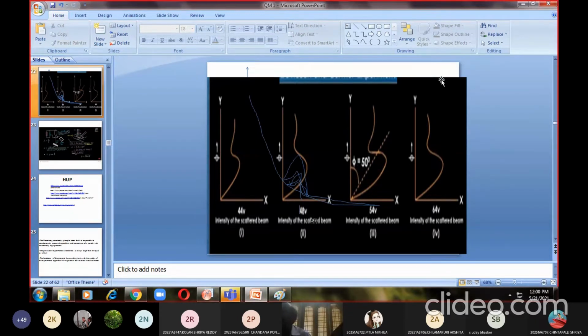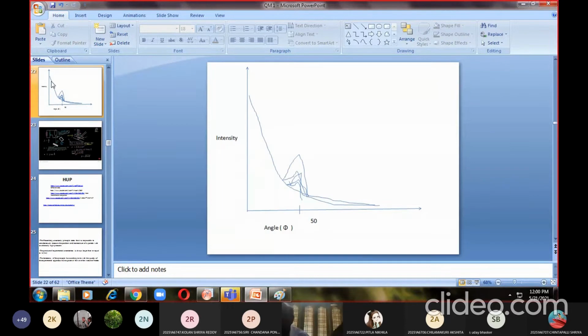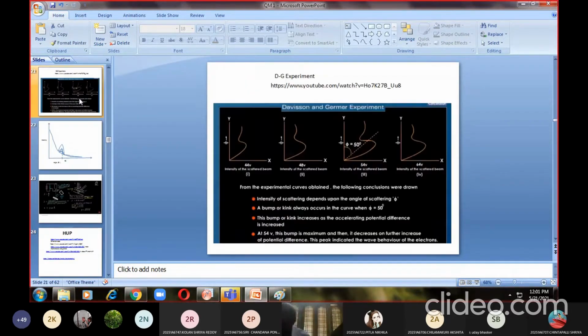Now I'll go back to this. So that's what is understood in matter. 44 volts, 48 volts, 54 volts, and 64 volts.